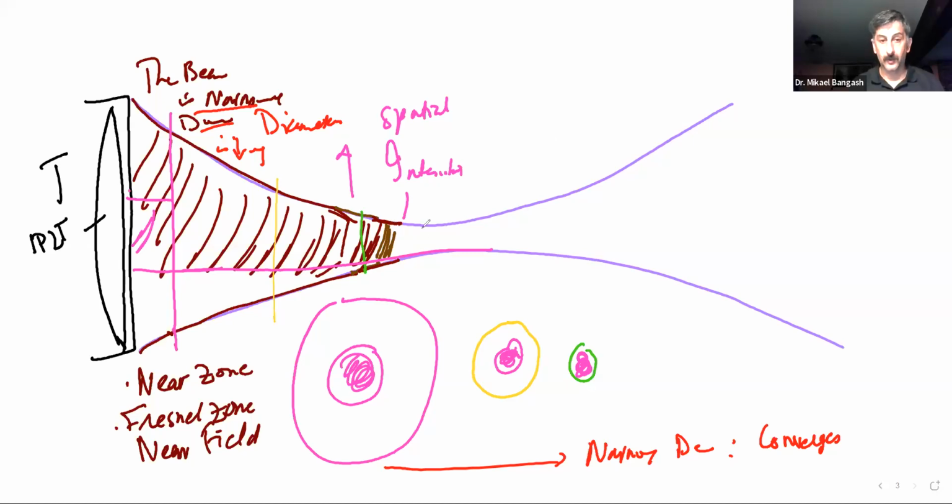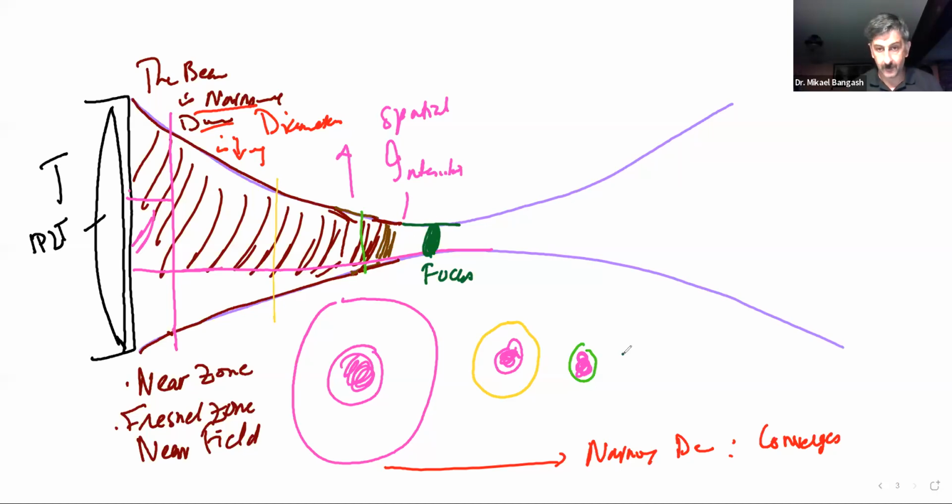So that is where the beam reaches its narrowest point. That is going to be called the focus.